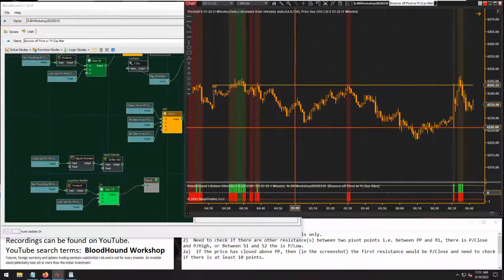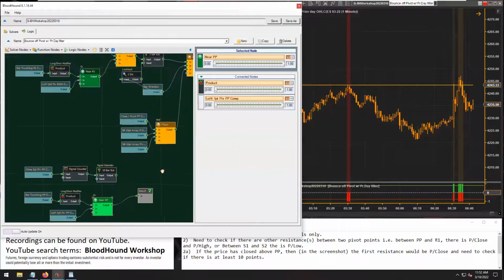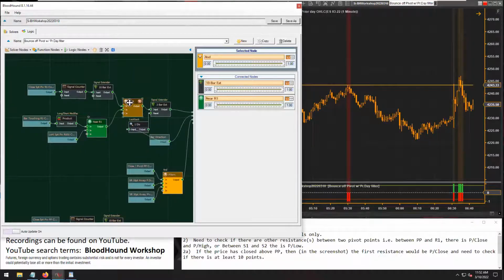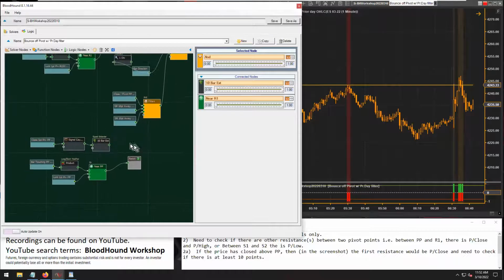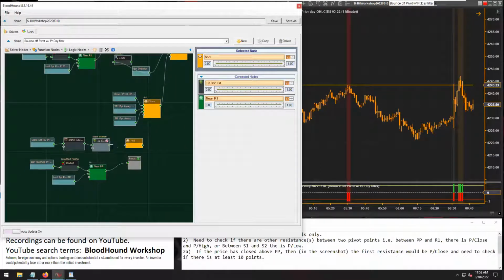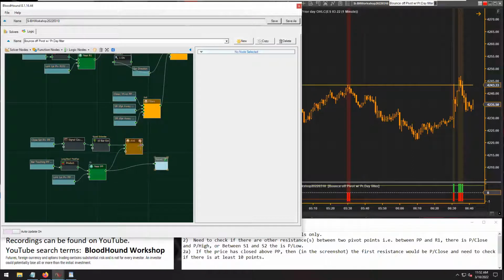So yeah. All right. So now, looking at what we did above, we have both of these identifiers going into an AND node. So let's add an AND node, connect that in, and connect that in, and let's take a look.